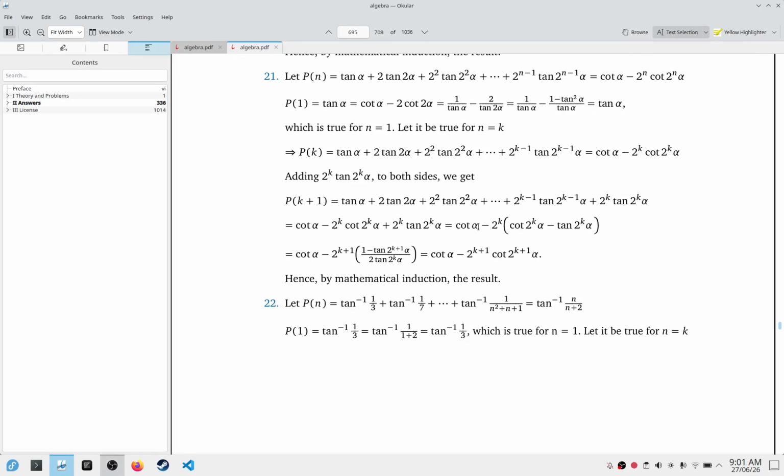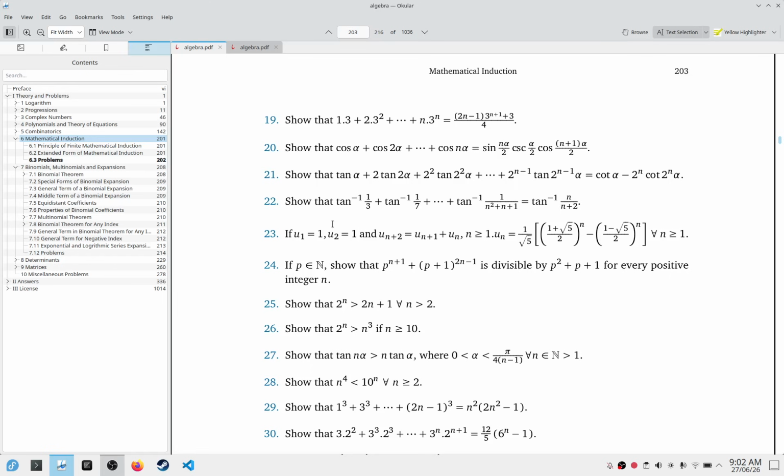So we take cot alpha minus 2 to the power k common. Then we have cot 2 to the power k alpha minus tan 2 to the power k alpha. Now this we can write as (1 minus tan squared 2 to the power k alpha) divided by 2 tan 2 to the power k alpha, which is equivalent to cot 2 to the power k plus 1 alpha. Hence, by induction, we have the proof.